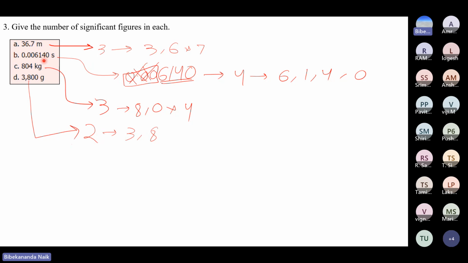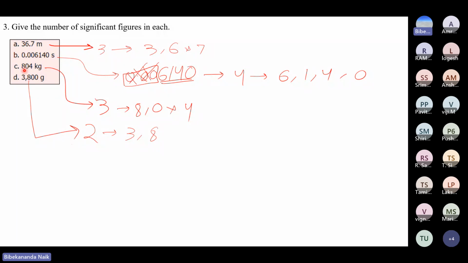And in case of a decimal number, all zeros that are after the non-zero digits are significant figures, but the zeros that appear before the non-zero digit are not significant. So the number of significant figures in this case is 4 and they are 6140.